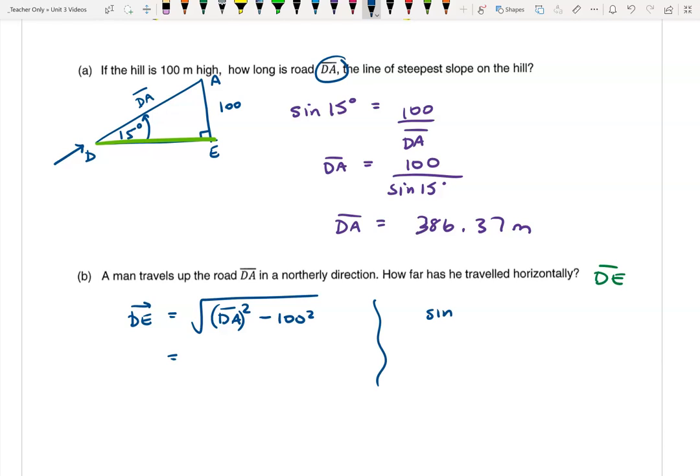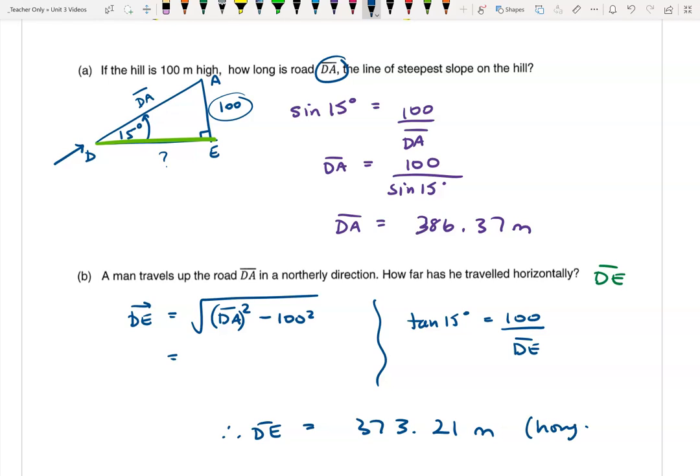Otherwise, looking from the angle of 15, we can say the opposite and the adjacent side. So we could do the tan of 15 is 100 over DE, and we're going to find that DE is 373.21 meters, which is our horizontal movement.